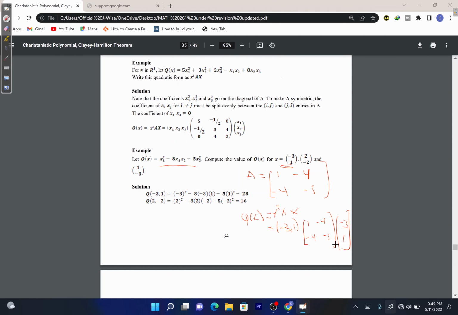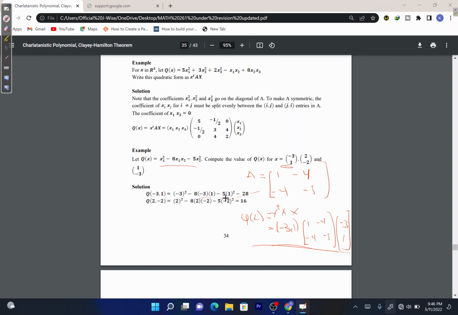Okay, so we simplify this. It's the same as substituting the vector x, that's -3, 1, into q of x. When we do that, we get negative 3 squared, which is 9. The second term gives us 24, and 9 plus 24 is 33.